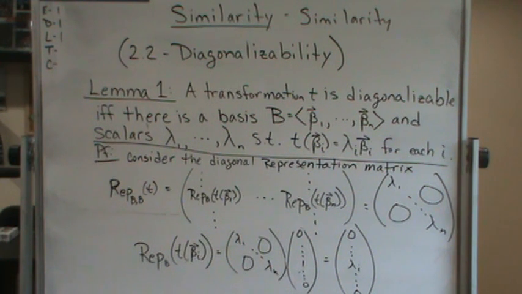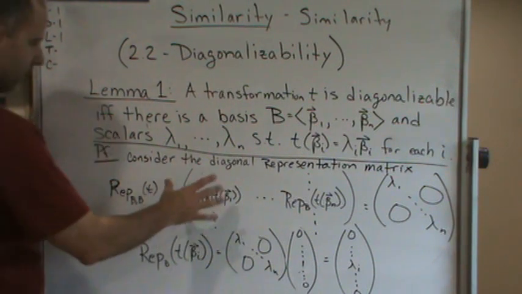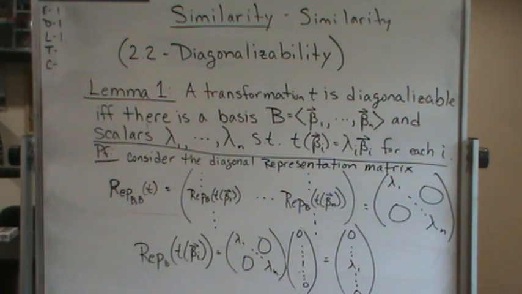So what we're going to do is take the product of the diagonal matrix and the representation vector. Okay? So again, we're going to consider one of these representation vectors with respect to beta sub I.